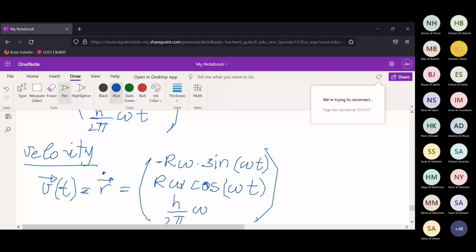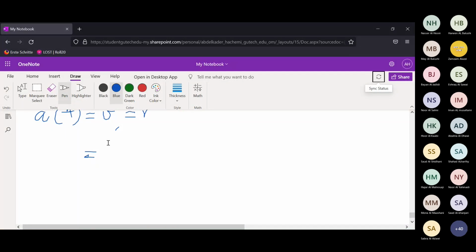Then we get a: minus r omega squared cosine omega t.